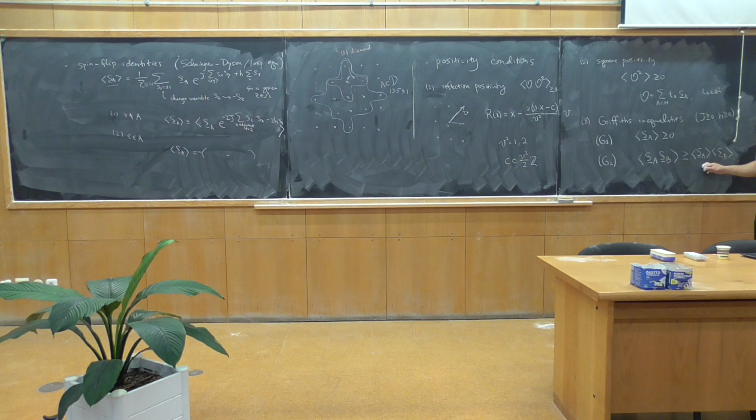One simple consequence of that is, in the case of the ferromagnetic Ising model, these expectation values are going to be monotonic functions of J and H. So if you make a plot of the spin correlator as a function of J, it's going to be monotonic. That's the consequence of the second Griffiths inequality.